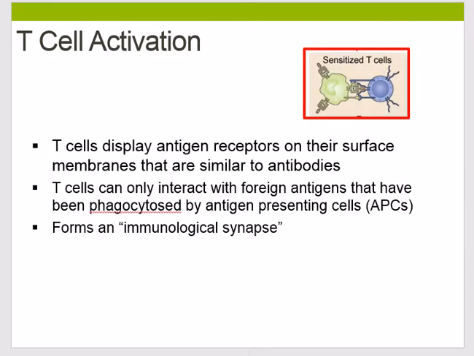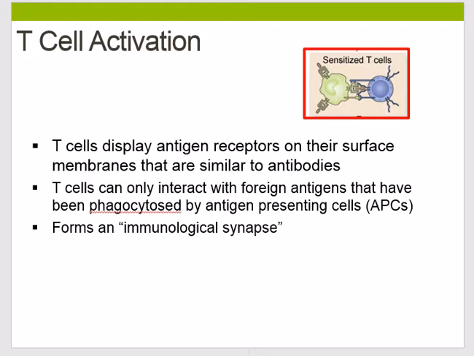As I already mentioned, T cells display antigen receptors on their surface membranes, which is different than the antibodies that are present on the B cell membranes. So it's different, but there are a lot of similarities.